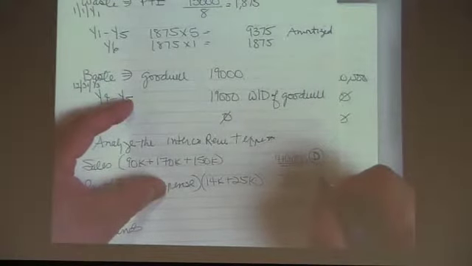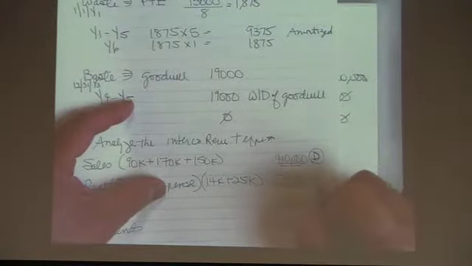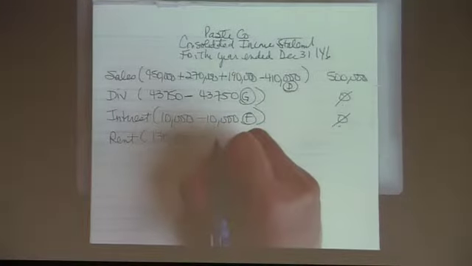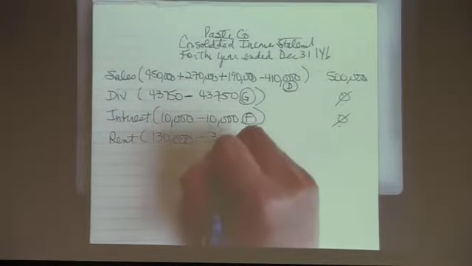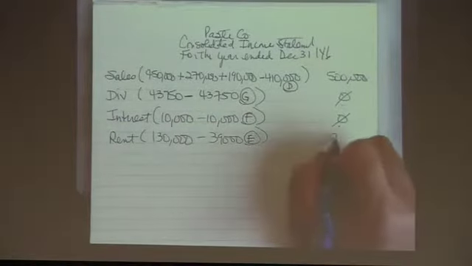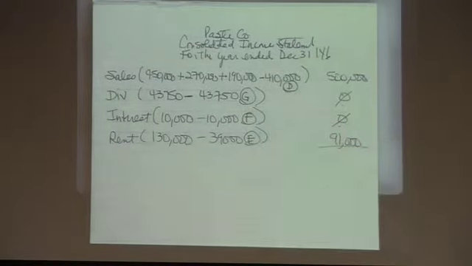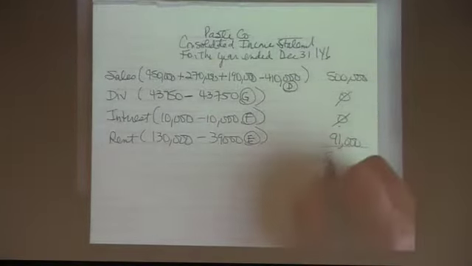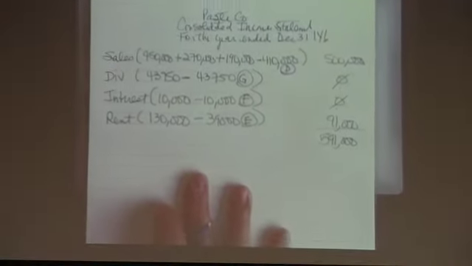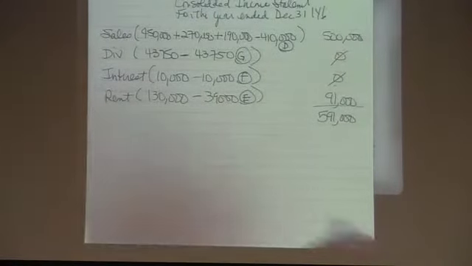Let's label that E. Okay. And that was 39,000, wasn't it? That gives us 91,000. So altogether, the total of this is 591. Now let's look at cost of goods sold. So this is cost of sales.